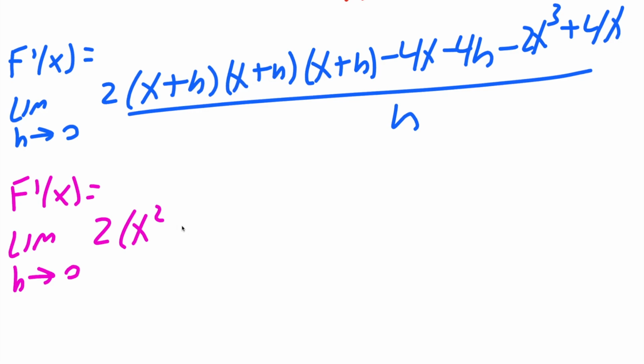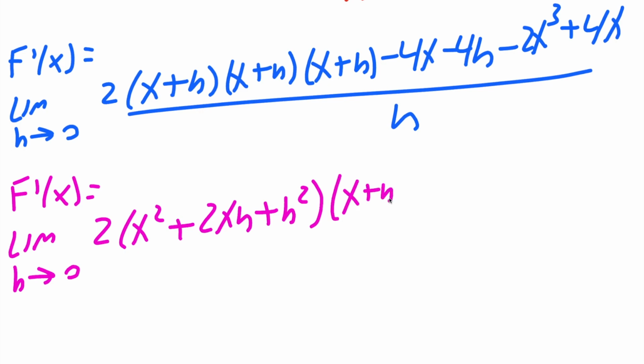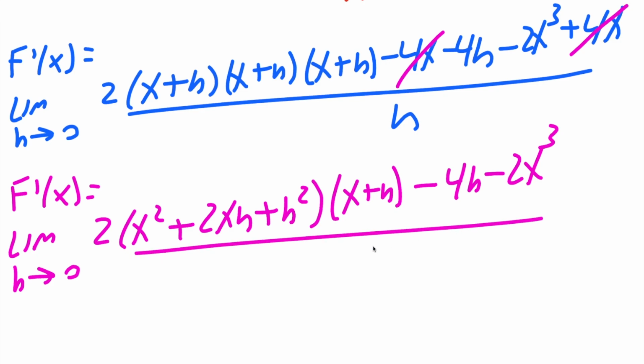So we have 2xh. And h times h is h squared). But we still have this piece, so we have to expand again. Now here we have a negative 4x, here we have a positive 4x, so they cancel. And we still have this negative 4h minus 2x cubed all over h.